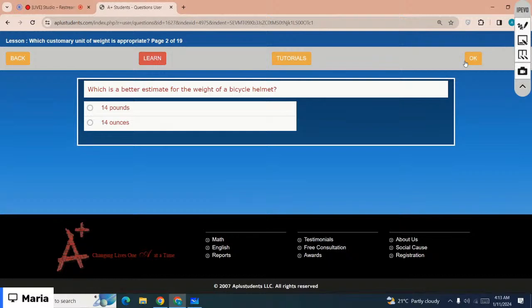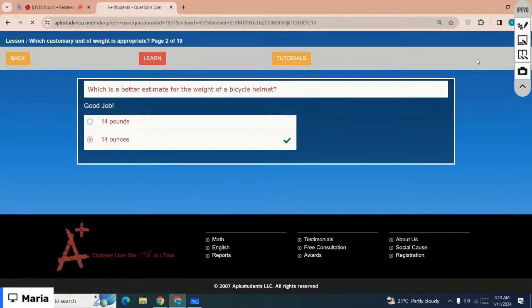The options you are given are 14 pounds and 14 ounces, right? So that is just a helmet, right? Helmet must be 14 ounces because 14 pounds is too much for the helmet. The correct option is 14 ounces. Very good.